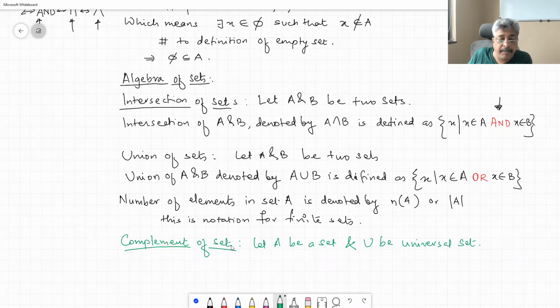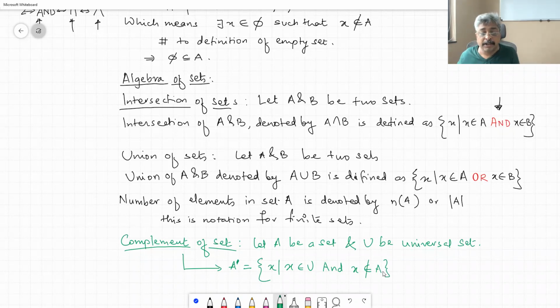Complement of set A is denoted by A dash, equal to all those x such that, what should be the condition on all those x? X belongs to U and x does not belong to A. We call that set the complement of set A. Sometimes it is denoted by A complement.